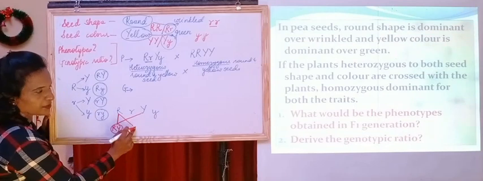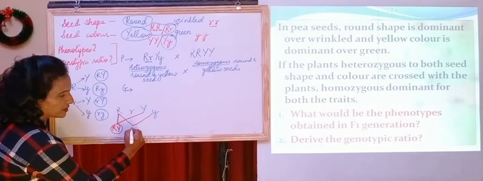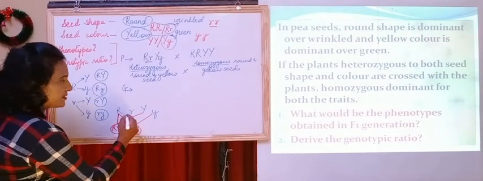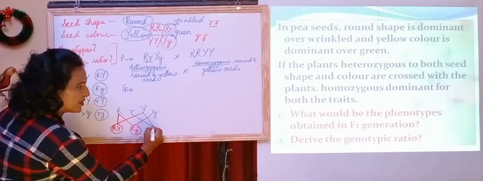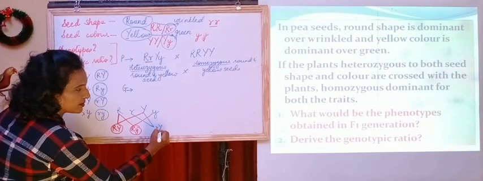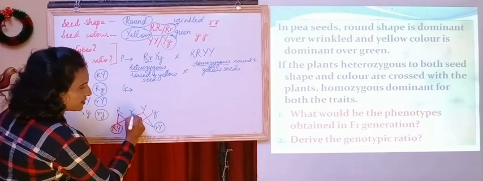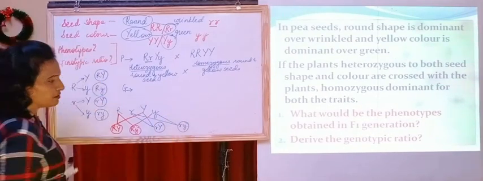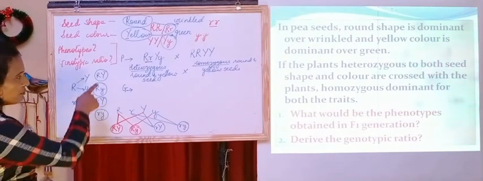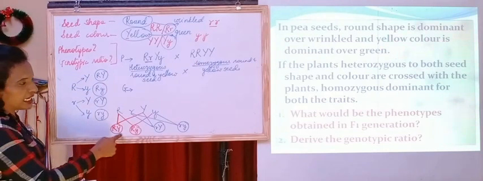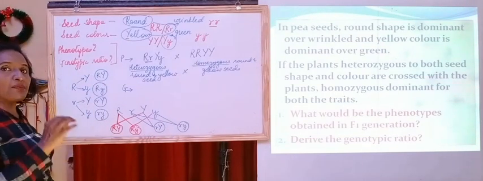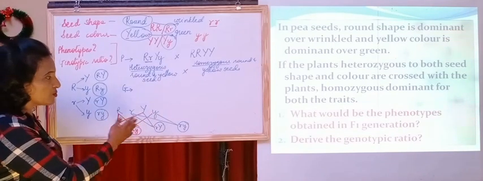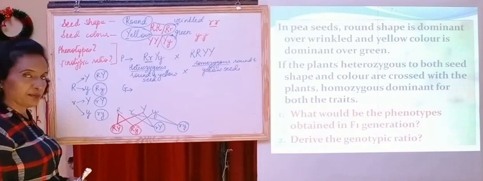Same capital R joined with small y, another gamete. Then small r, capital Y, third gamete, and small r, small y will be the 4th gamete. So if you see here, the 4 gametes are the same gametes which we have got. There is no other possible way by which we can get the gametes.